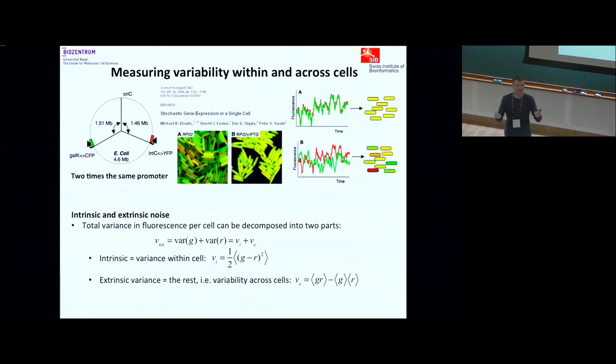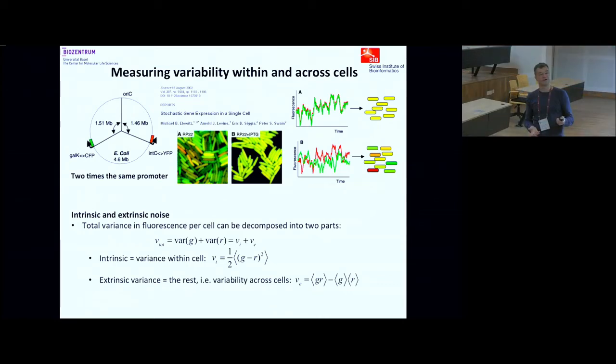So they say this is like an intrinsic noise that you apparently can't explain by any of the states of the cell. And then the rest of the variance they call the extrinsic variance, and that basically tells you how much variation there is in the total intensity across cells.